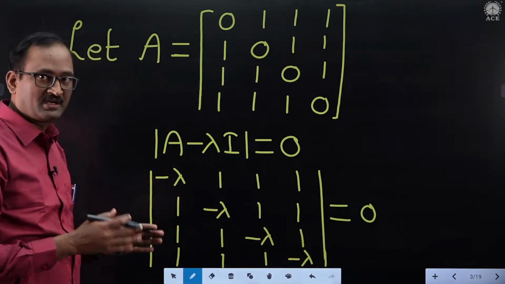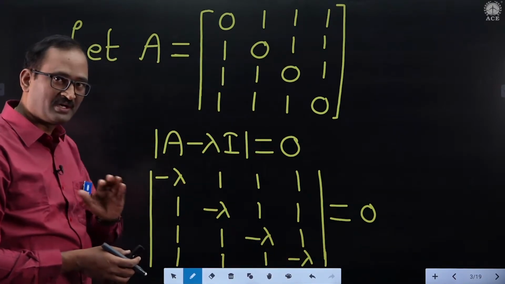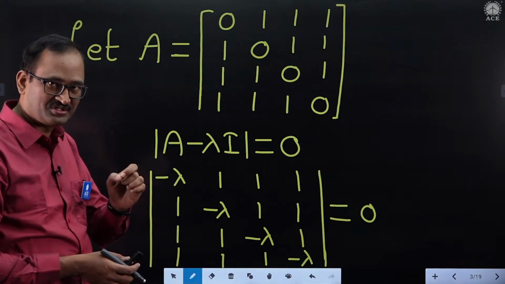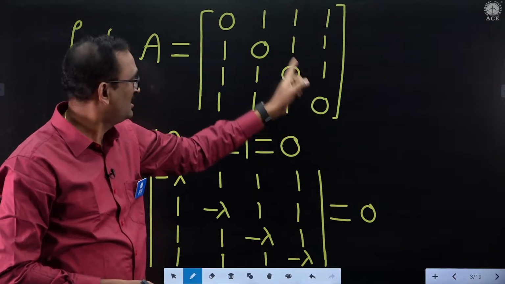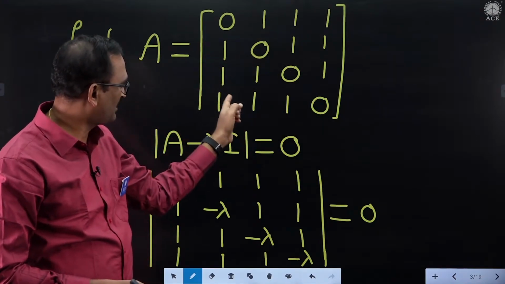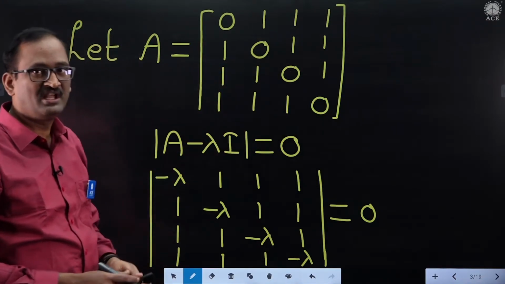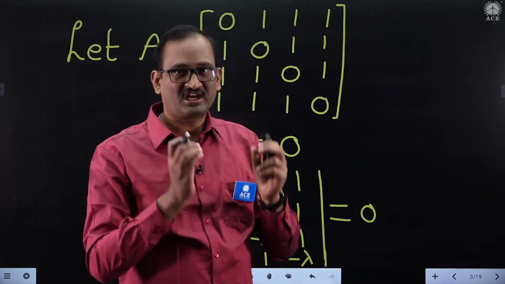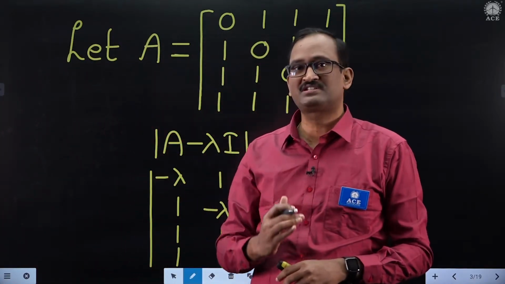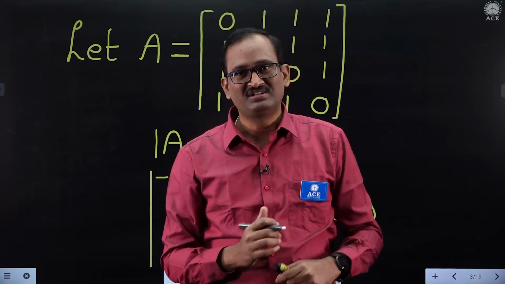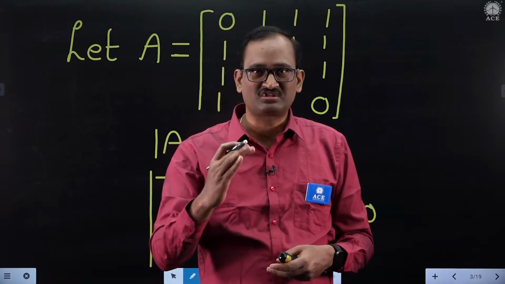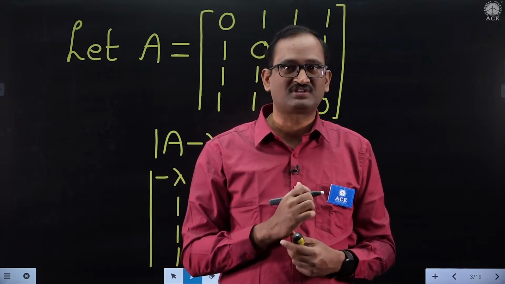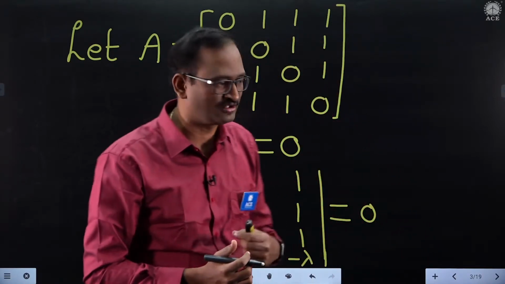Please do remember, while calculating the determinant of any matrix in which the diagonal elements are one category of same elements and non-diagonal elements are another category of same elements, in all such cases the determinant can be evaluated just by adding all rows to the first row or all columns to the first column. In any manner we can solve.